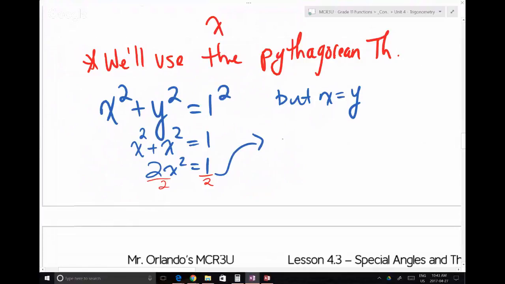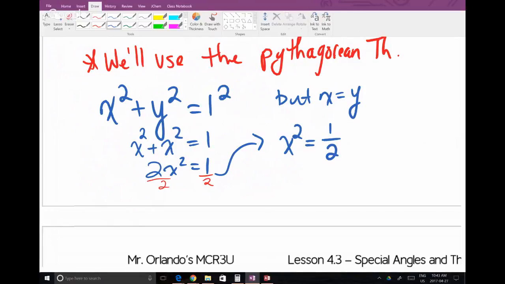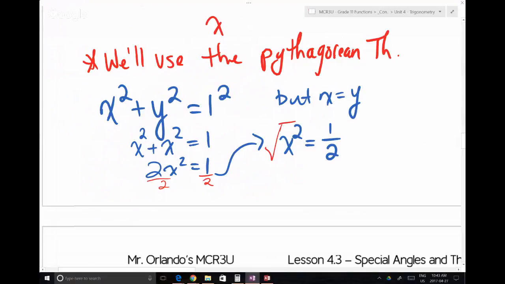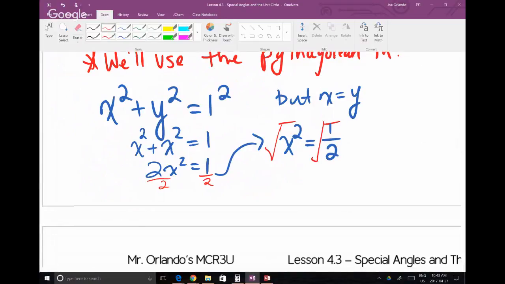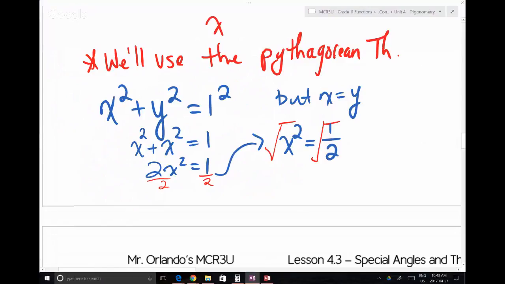And I would get x squared equaling 1/2. And then, of course, if I want to get x isolated, I have to take the square root of one side. And if I take the square root of one side, I have to take the square root of the other. And I end up with x being equal to 1 over the square root of 2.